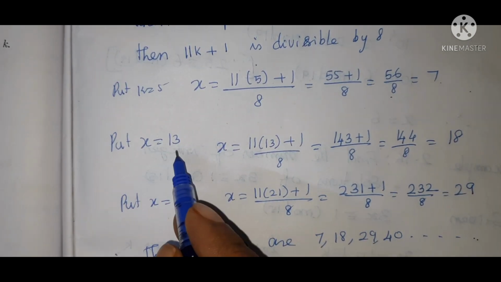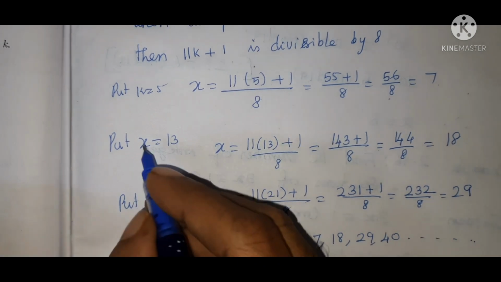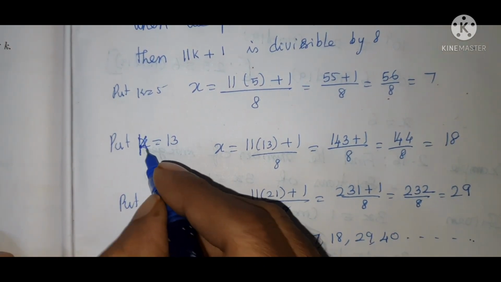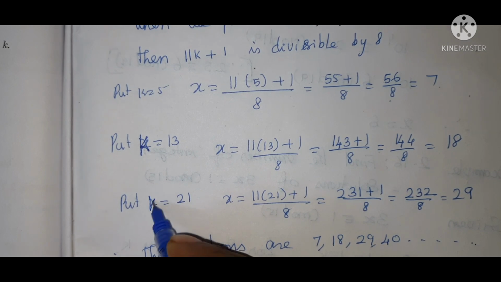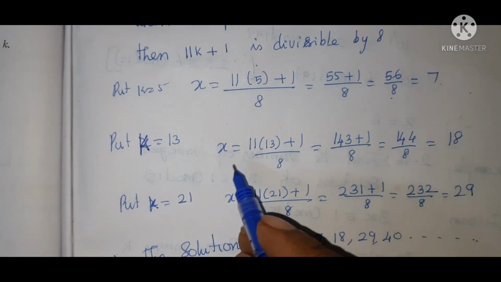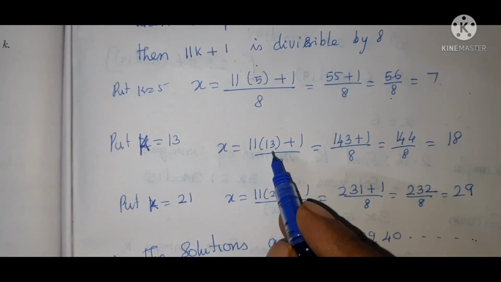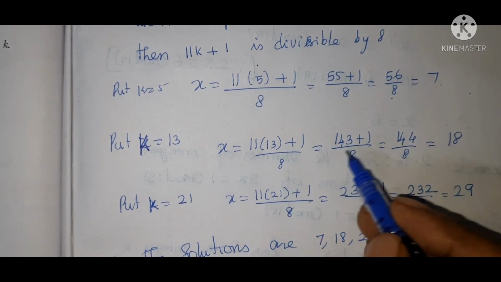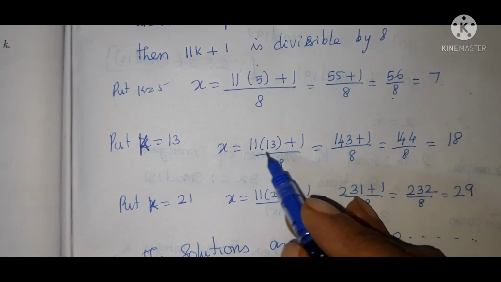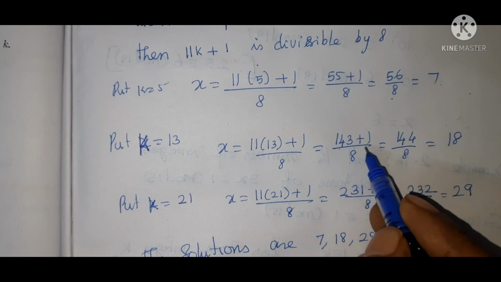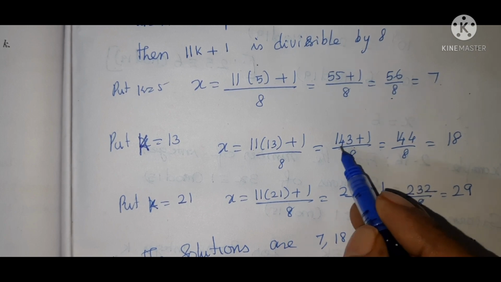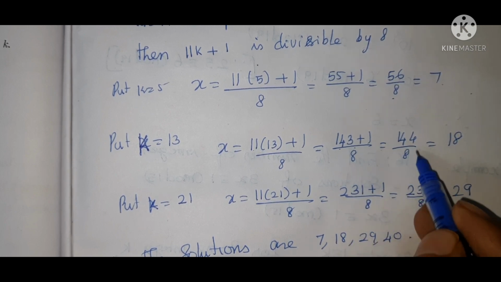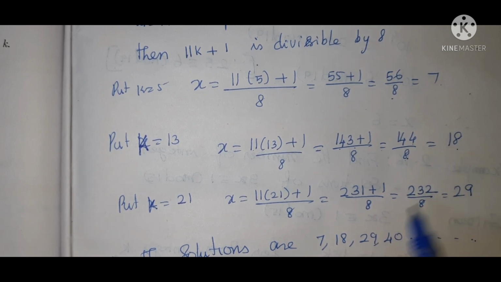Put k equal to 13: x is equal to (11 into 13 plus 1) by 8. 11 into 13 is 143, plus 1 is 144. 144 by 8, we get 18.